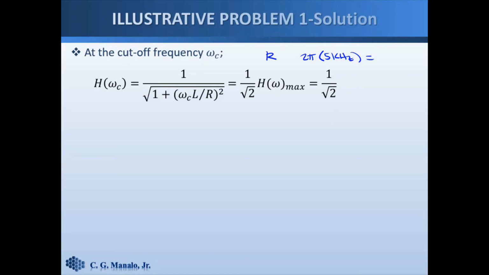Okay, so from the expression for the magnitude of the transfer function, if we let the frequency equal the cutoff frequency, we know that the magnitude of the transfer function there is equal to 0.707 of the maximum magnitude.